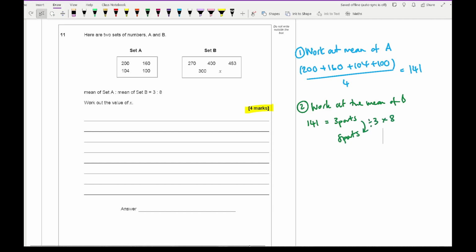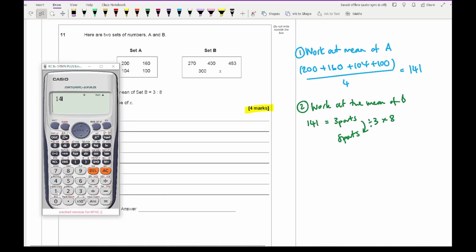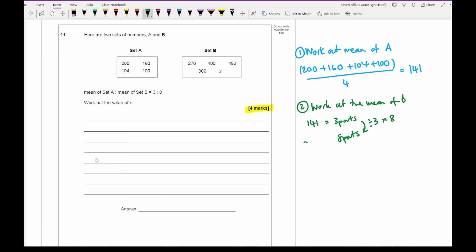So if I do 141 divided by 3 multiplied by 8 gives me an answer of 376. So 376 is the mean of B. So if I then add all of those numbers up in B, so I've got 270 plus 400 plus 483 plus 300 plus x, all divided by 5, that should come up to 376.